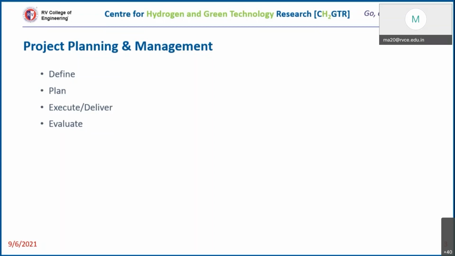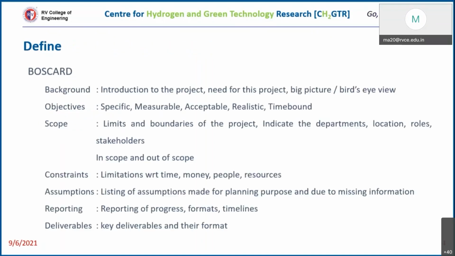Let's start with define. Project management consists of 4 phases: first defining the project, second planning, third execution or delivery, and fourth evaluation.